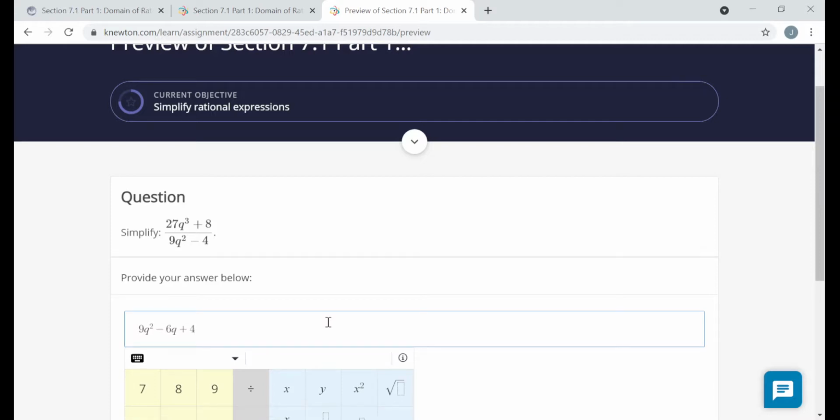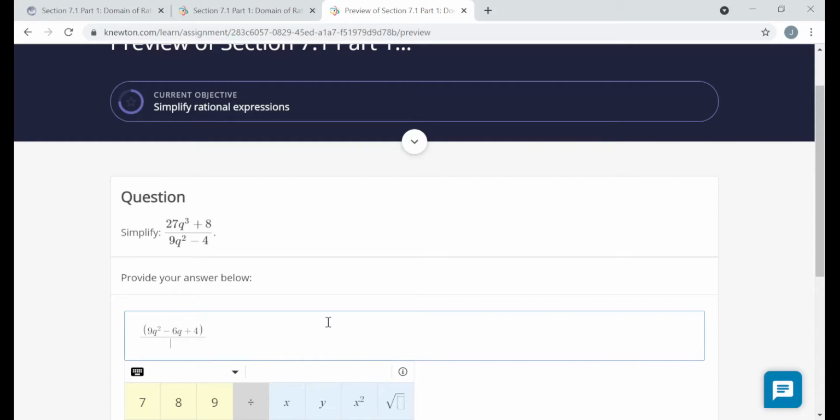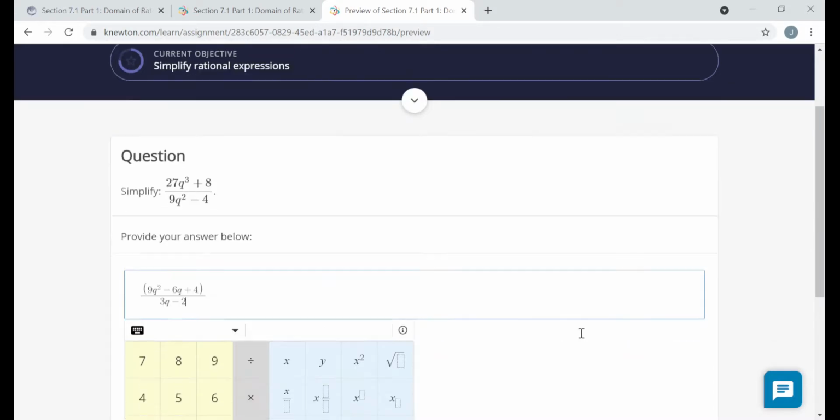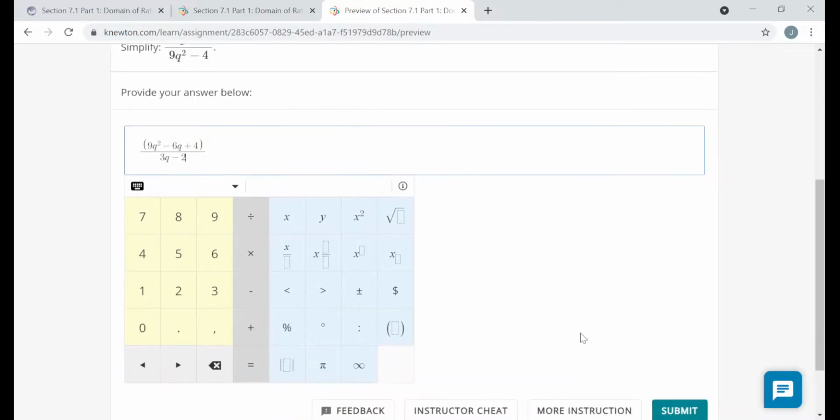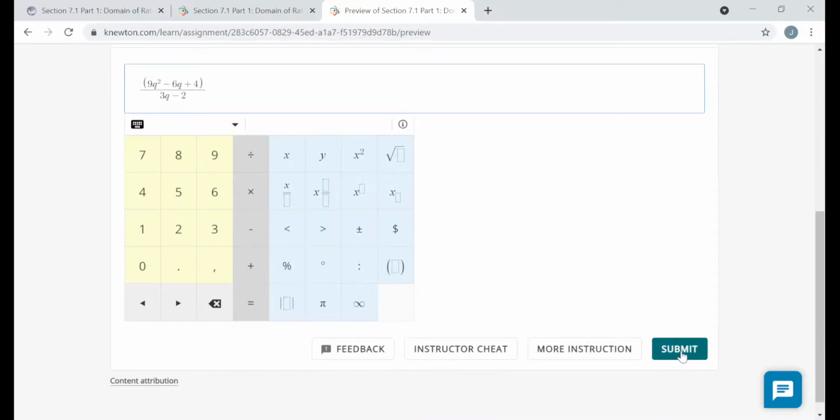I want the entire thing in the numerator. That's why I'm putting parentheses around it. Now it's all in the numerator like I want, and then the denominator is 3q minus 2. You can erase the parentheses after if you don't like them, but it should be fine to keep them.